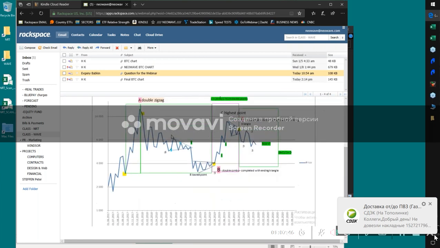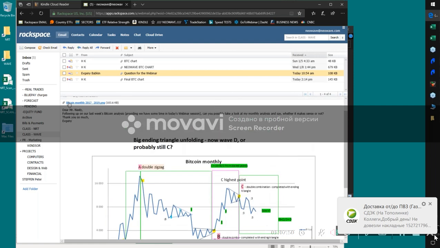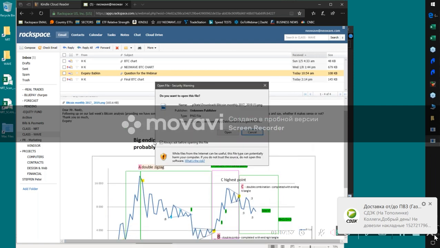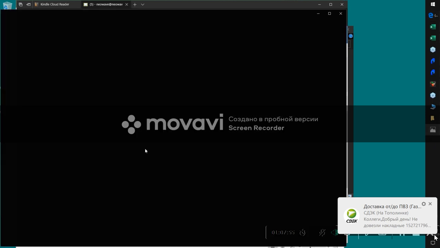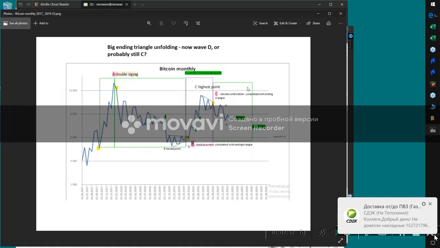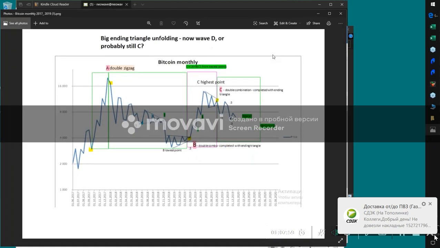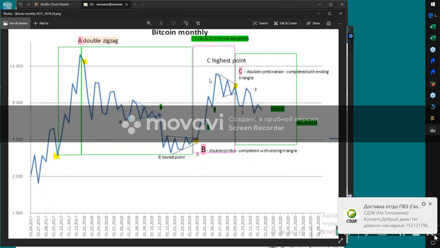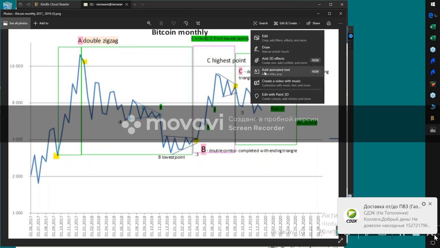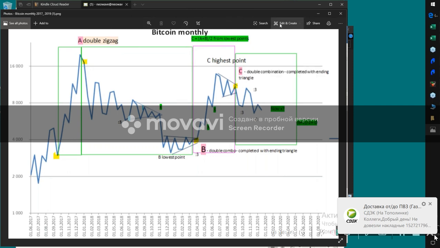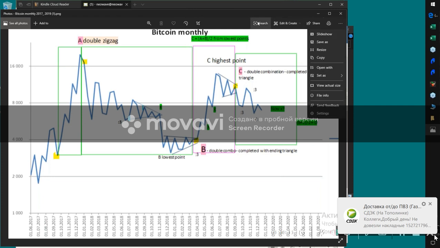But if I were looking at this, should I try to open it instead of doing it in here? It might look a little bit better. Let me see if I can increase the size of that. Now I'm not going to be able to probably draw on this chart very well, but let's see, edit, create. Don't see any drawing tools anywhere.